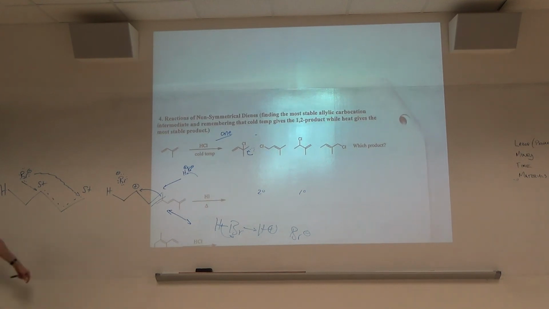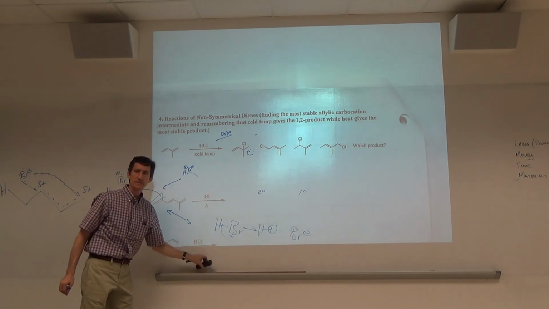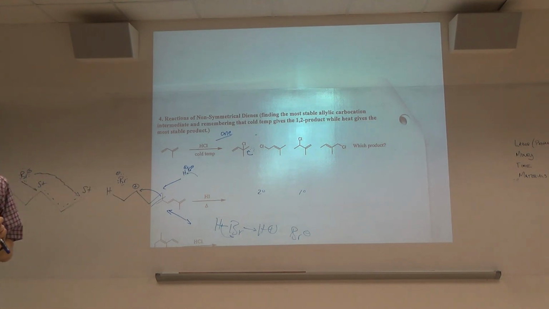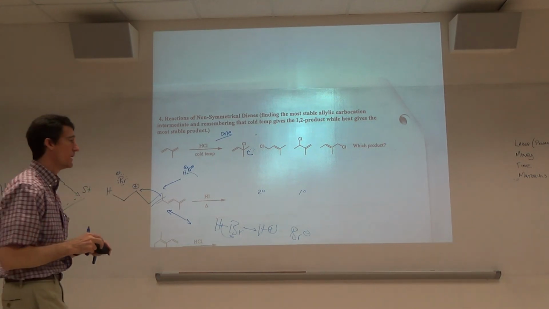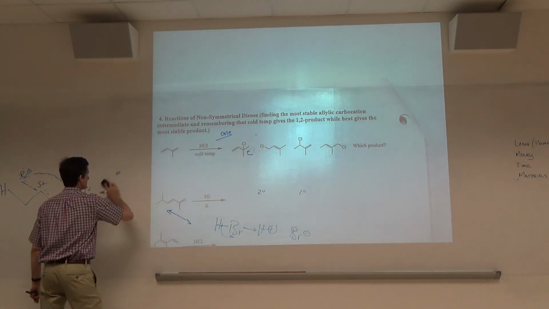So if you take this, let's throw a methyl on here. In the previous example, both alkenes were the same. No matter which alkene you reacted, you got the same product. Symmetrical. This one's not. This alkene has a methyl.